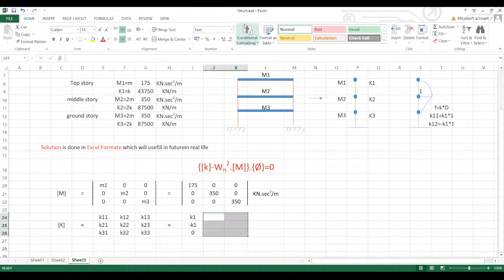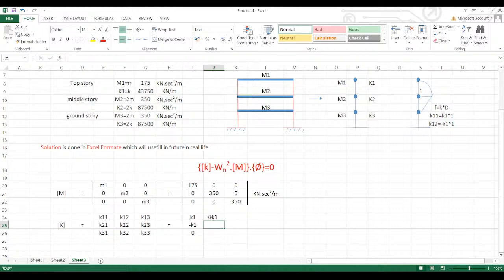Better to write it in a table. Here is K1, K2 and K3. So K1 minus K1, here is the effect of minus K1. And again, the effect at position 2: K1 into 1, and this is K2 into 2.